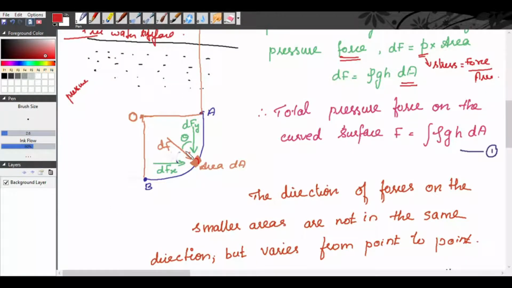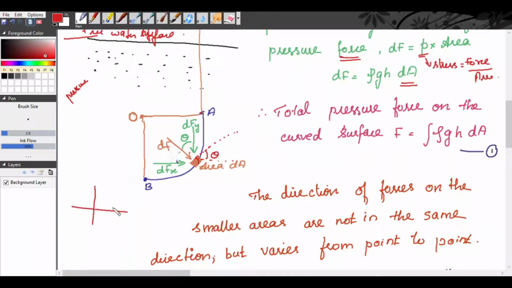For this area dA, the direction is like this, and this area makes an angle of theta with the horizontal. So dF makes an angle of theta with the vertical, right?